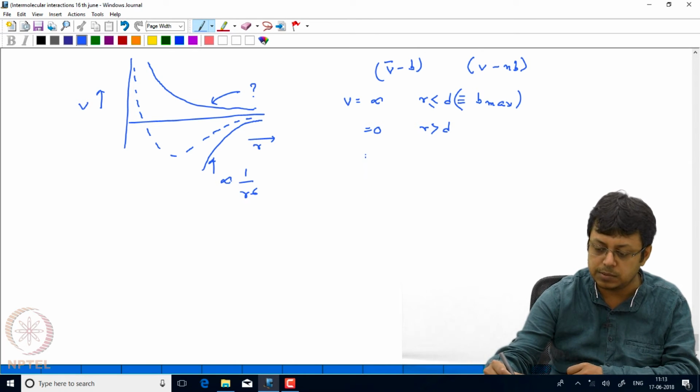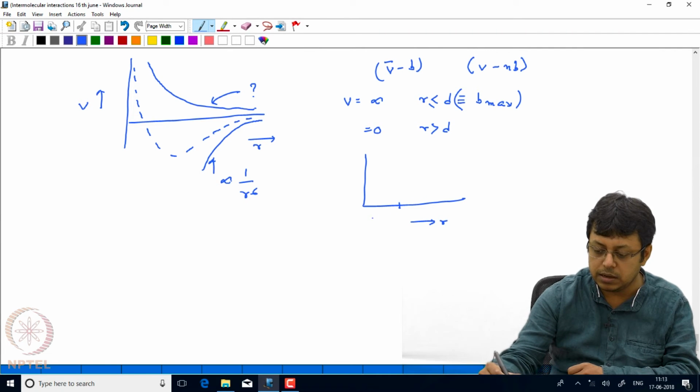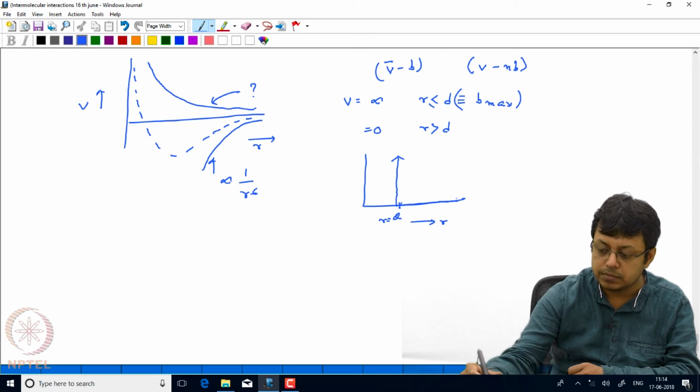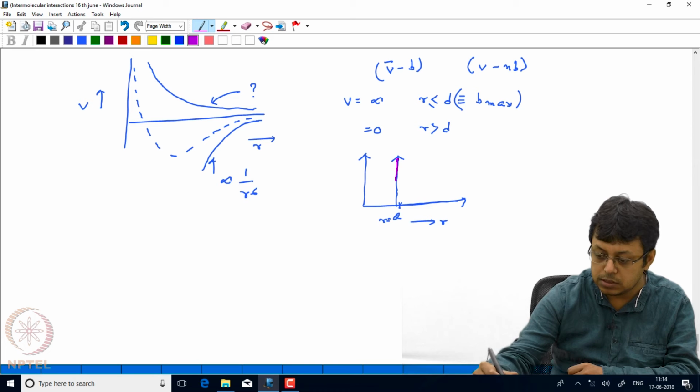If we plot the hard sphere potential, which we already did earlier, as a function of r, the moment r is equal to d, the interaction potential goes to infinity, otherwise it is 0. So the plot will be something like this.